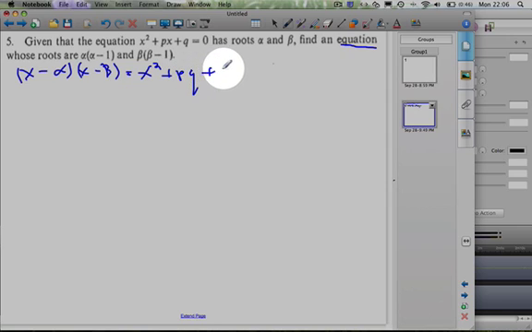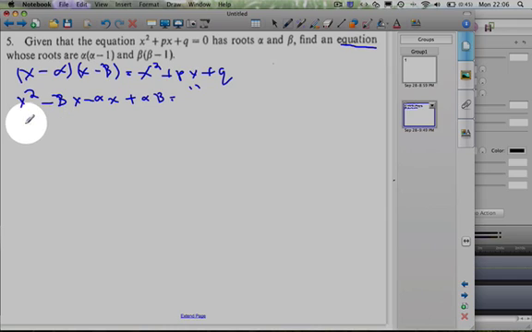Oops, plus q should be an x. Okay, so then if we expand the left hand side, you will see that we get x squared minus beta x plus minus alpha x plus alpha beta equals the right hand side.